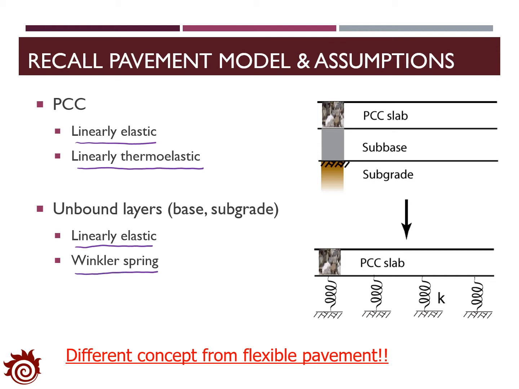This is actually the most significant difference between the flexible pavement and rigid pavement. Actually, for the rigid pavement, we have to use the modulus of the subgrade reaction for the design instead of the modulus of resilience.